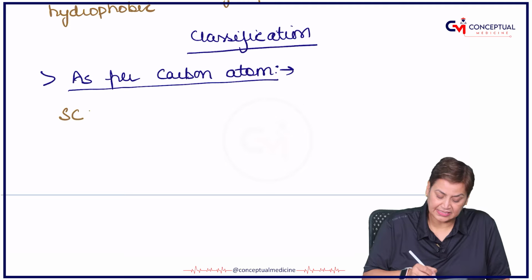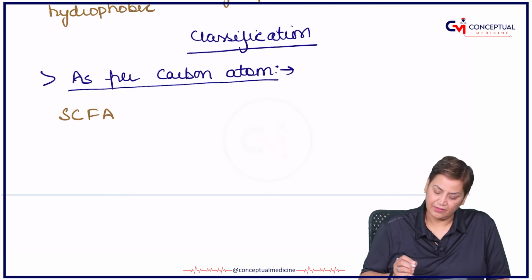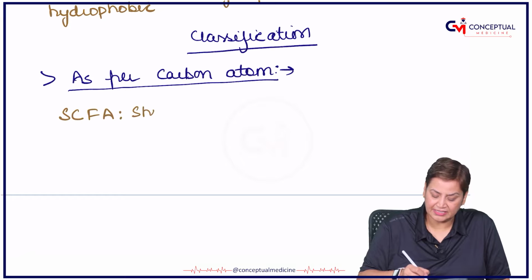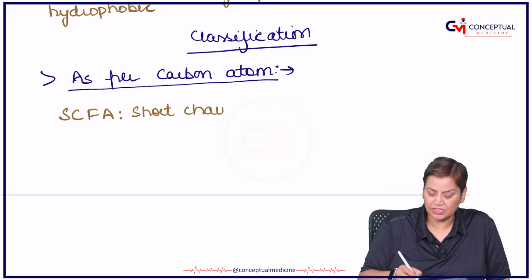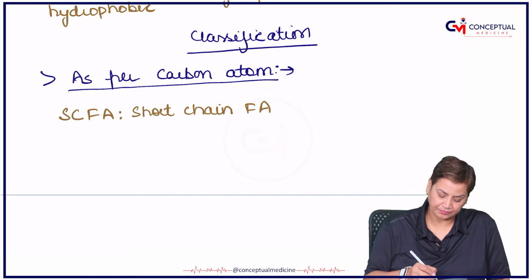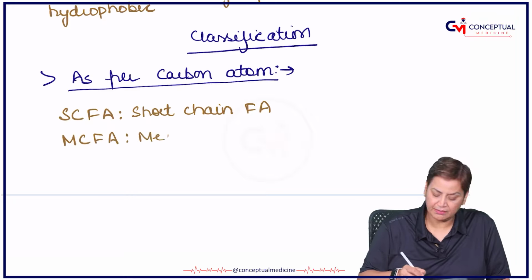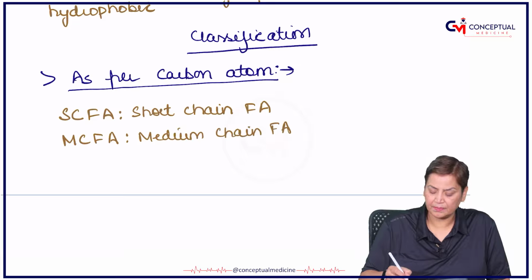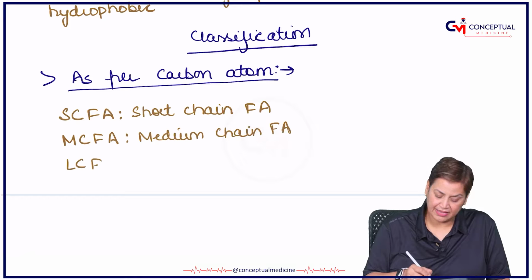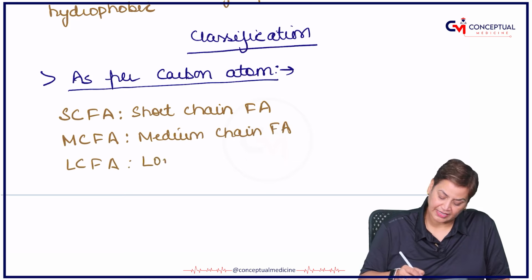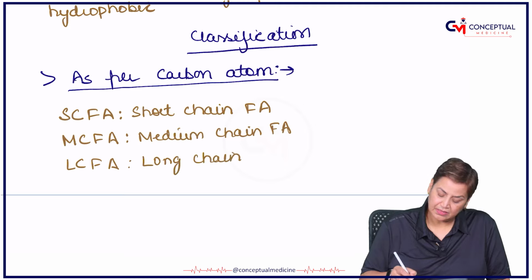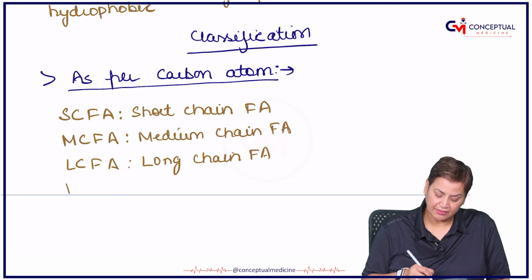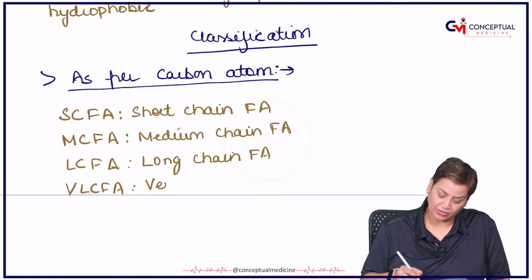One is SCFA, which stands for short chain fatty acids. Then comes MCFA, which stands for medium chain fatty acid. Then comes LCFA, which are long chain fatty acids. And comes VLCFAs. VLCFAs means very long chain fatty acids.